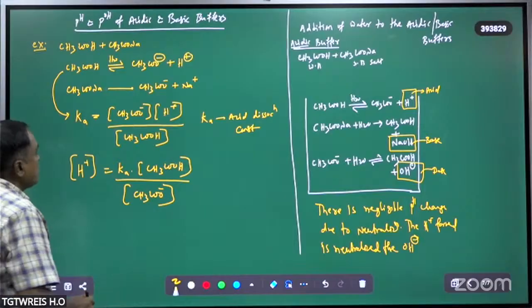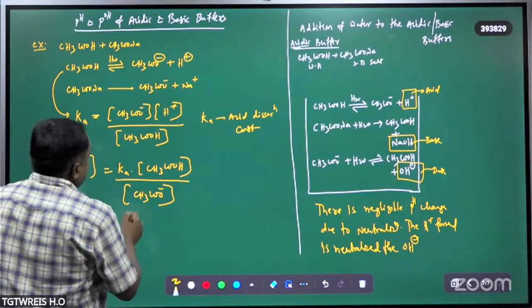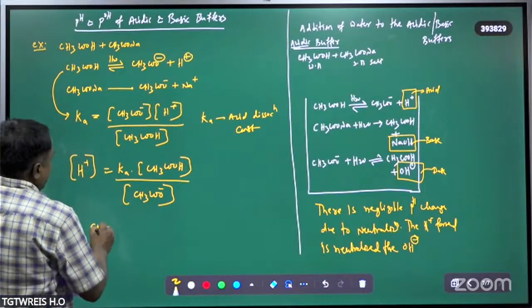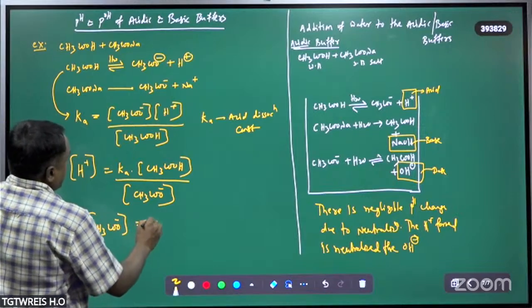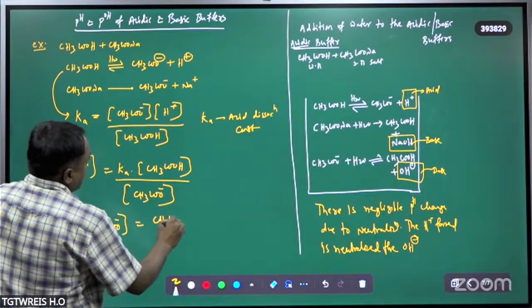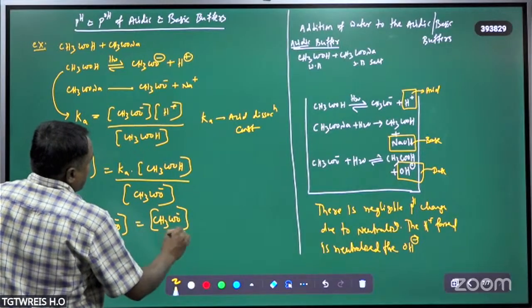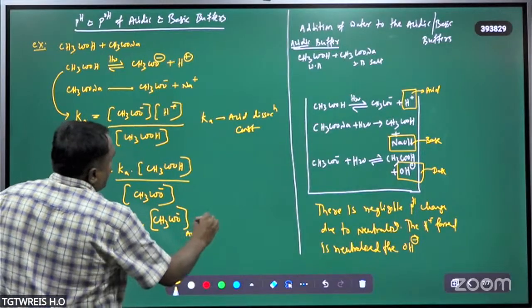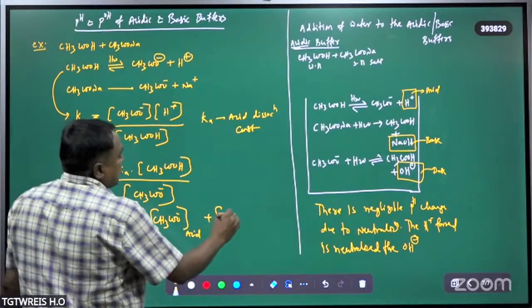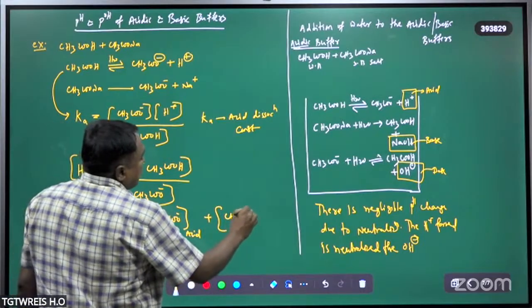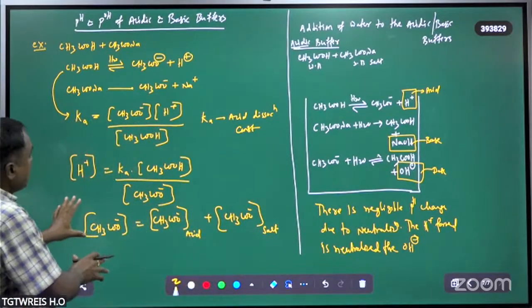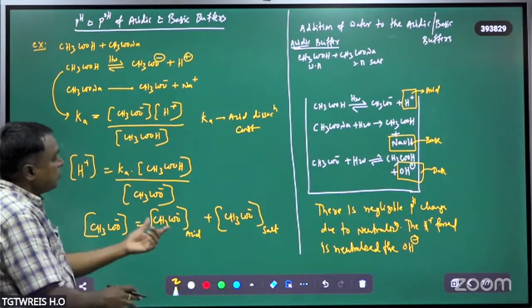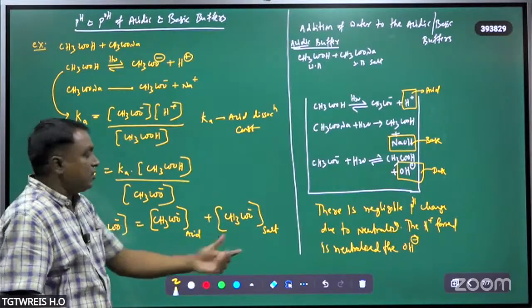Now this CH3COO minus comes from the acid and also from the salt. Generally you get the acetate anion from acid as well as salt.